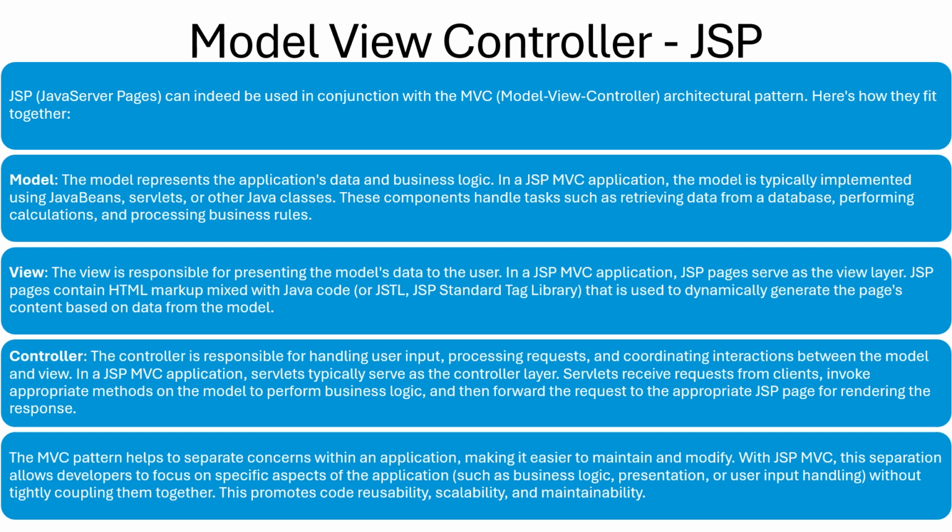So even if the view changes later, that is, the front end or how the website looks, the model and controller can still be the same. But if you put everything together, you would have to change everything. That way MVC is very useful, without having tight coupling between them. This promotes reusability, scalability, and maintainability.